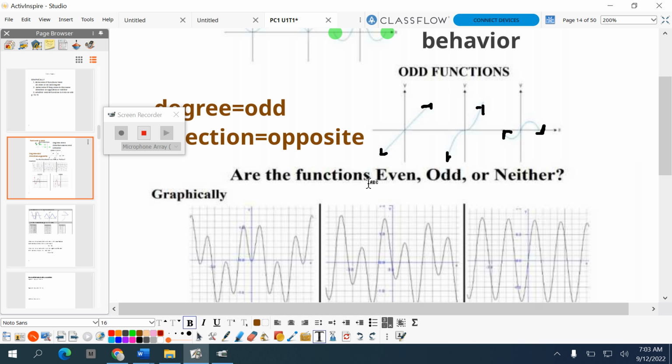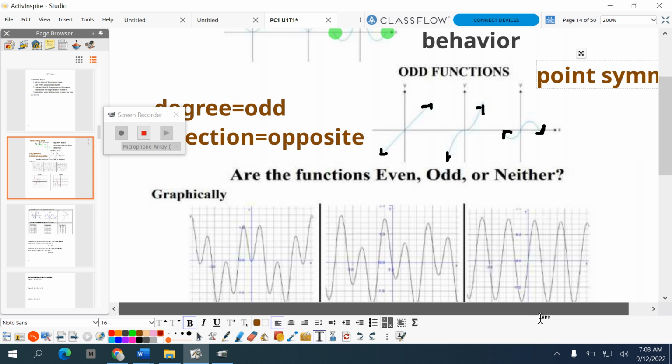So here, in order to make this symmetrical, in order to make this overlap, which is the goal of symmetry here, it has to have point symmetry. Odd functions need point symmetry.